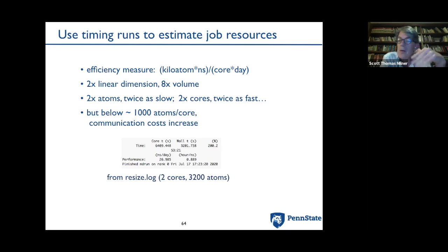In the bottom part where it reports how much time it has spent doing things, there are some lines about inter-process communication. If those start to get sizable, it means you didn't have enough atoms per core. So that's some of the thinking that goes into sizing the jobs.